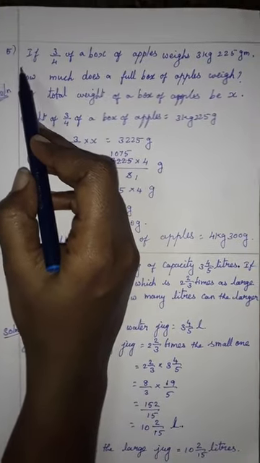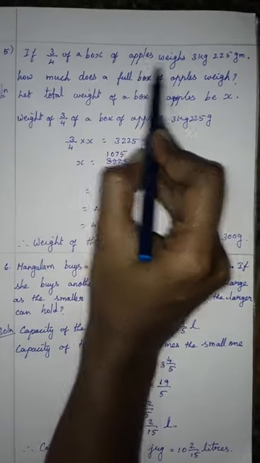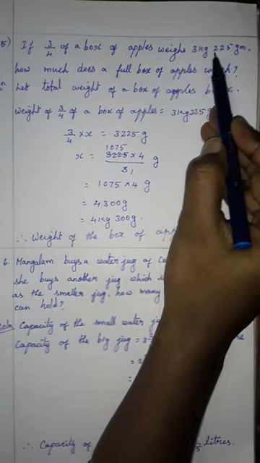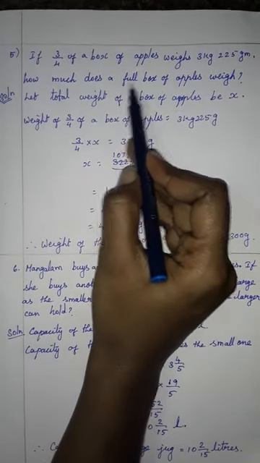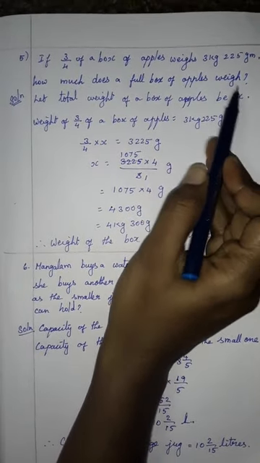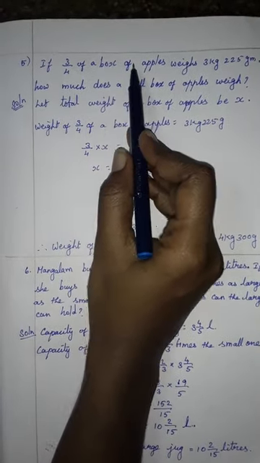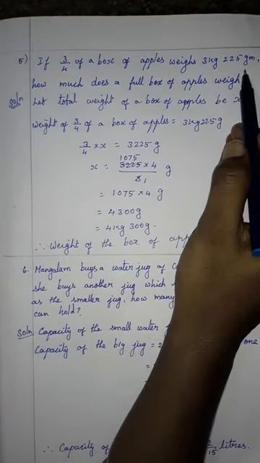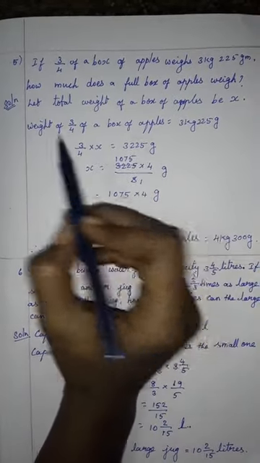The next sum we are going to see is: if 3 by 4 of a box of apples weighs 3 kg 225 gram, how much does a full box of apples weigh? In this sum it is given that 3 by 4 of a box of apples weighs 3 kg and 225 gram. You have to find out the total weight of the box of apples.